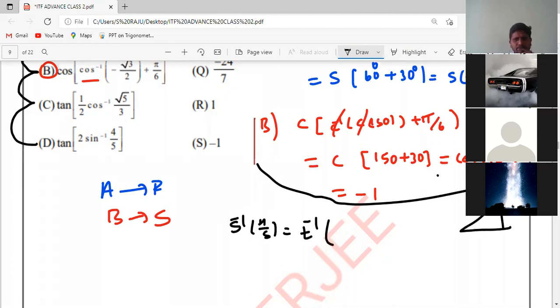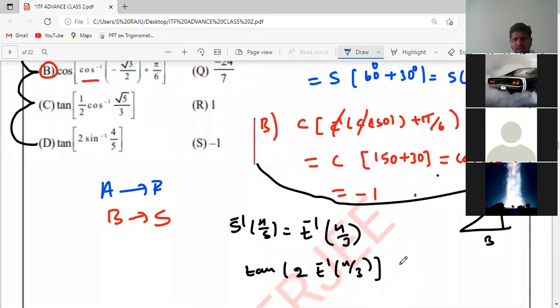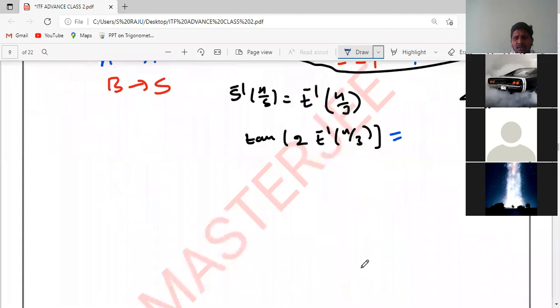Sine is opposite by hypotenuse, with adjacent 3, so 4 by 3. Simple. So just replace here: tan of 2 into tan inverse 4 by 3. Here you can apply the tan 2 theta formula. What is the tan 2 theta formula, students?